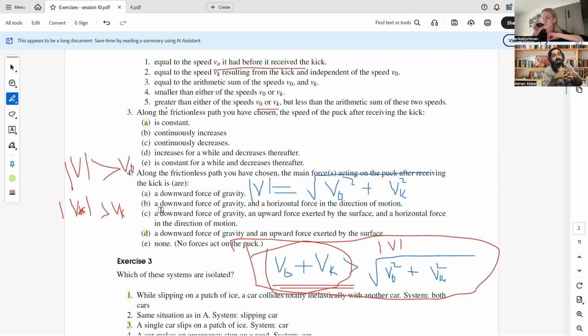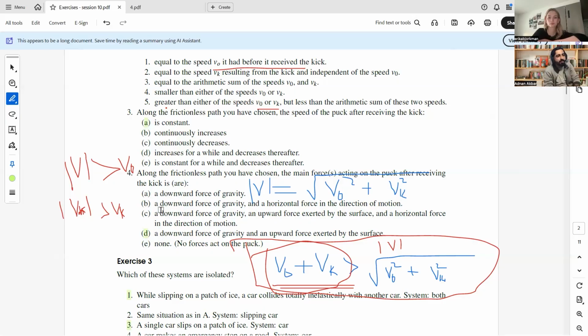But apart from that, do we have some other forces or not? Two forces can be possible. One is gravity, which is attracting it towards itself. The other is the normal reaction of the surface, which balances it upward. So gravity and normal reaction are balancing each other. As a result, it is moving with a constant speed without any loss of energy.